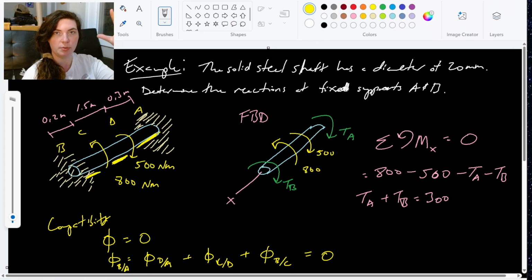So we've done our equilibrium chunk, our compatibility chunk, and our last one is our load displacement chunk, or, there must be a better way to say it, a torque twist chunk, a torque angle chunk.